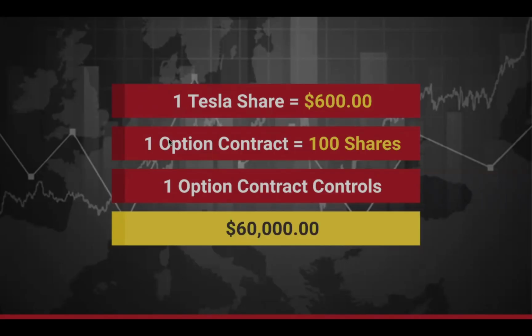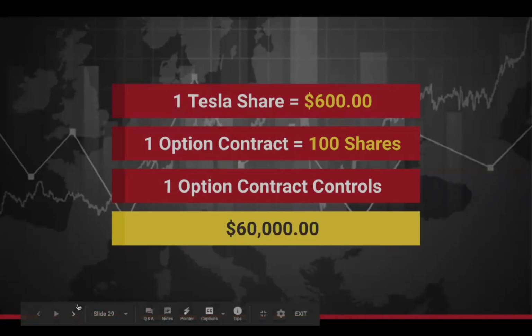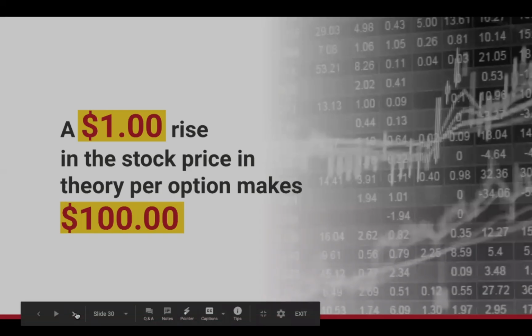Think about this: for every dollar rise in the stock price, and we call that the underlying. So if you look up and you see that Apple is $100 a share, and then all of a sudden it's up to $105, and you own one contract, in theory, your option is going to be up $500. So every time you see a dollar move, you can give yourself an idea of how much money you can make.